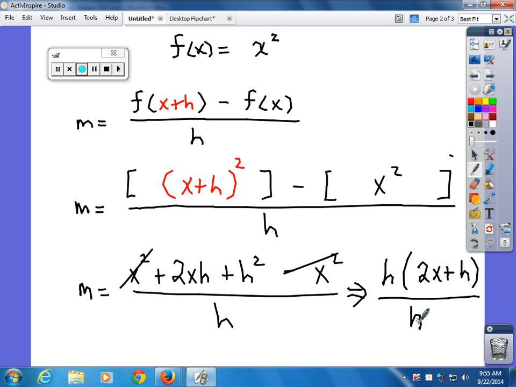And what happens to these two h's? They cancel, and you're left with 2x plus h. Well, Hubert, I thought that you said that the answer was going to be 2x. Well, I'm going to get to that in just a second. This is your answer in Math 110. Okay, that's your answer in this class. 2x plus h, that's the answer.